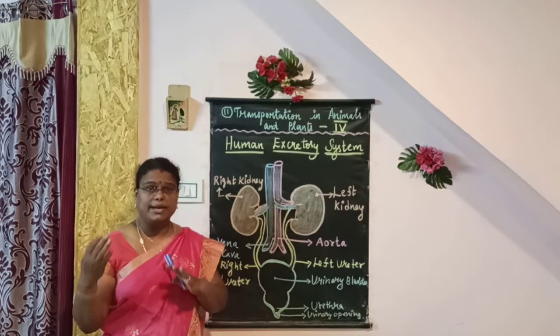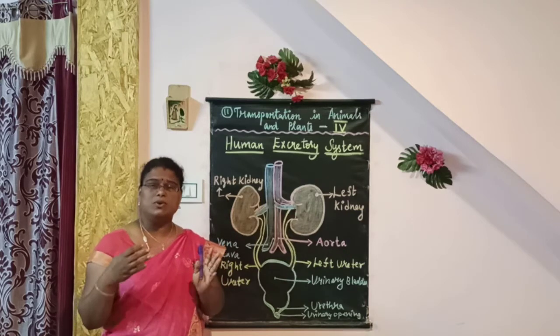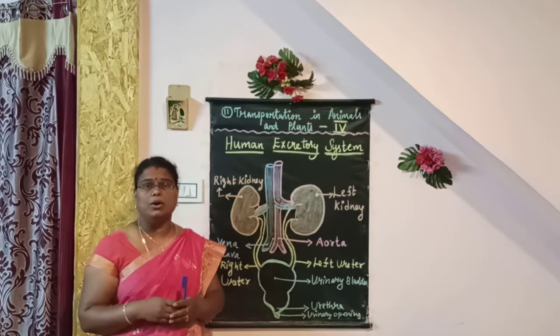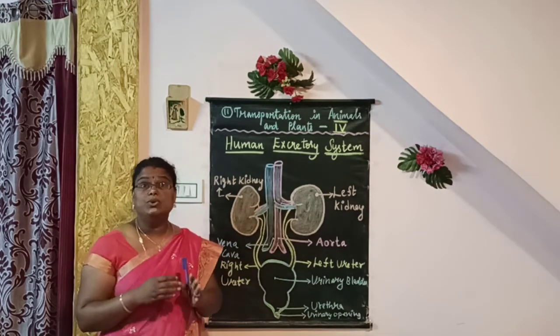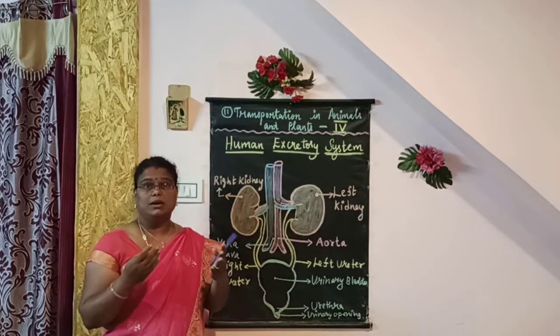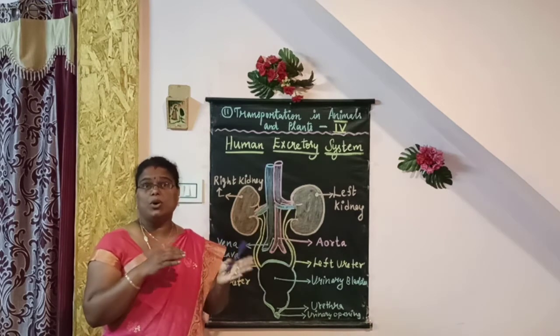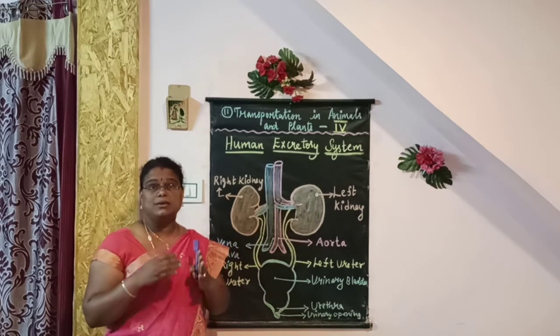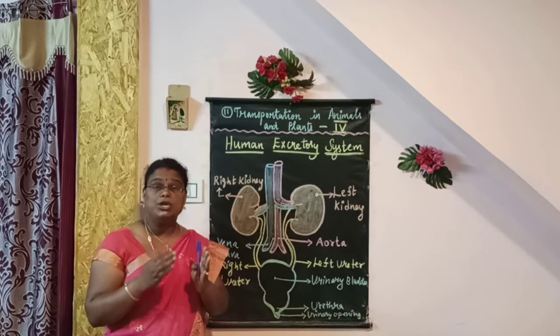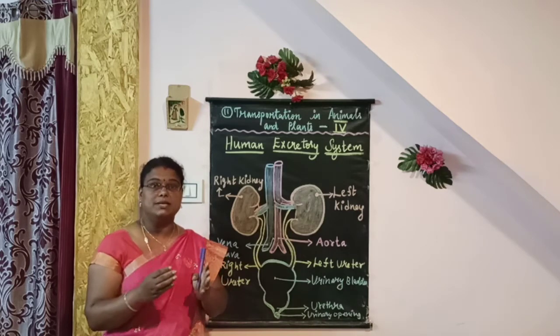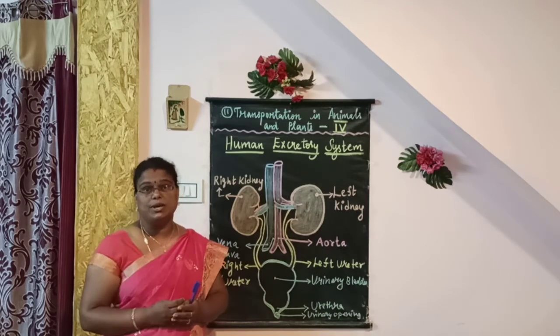And students, in case a person's kidney is affected for many reasons like infection, the kidney can't filter blood, or can't remove toxic substances from the blood. This leads to accumulation of urea or toxic substances in the blood, which leads to death.